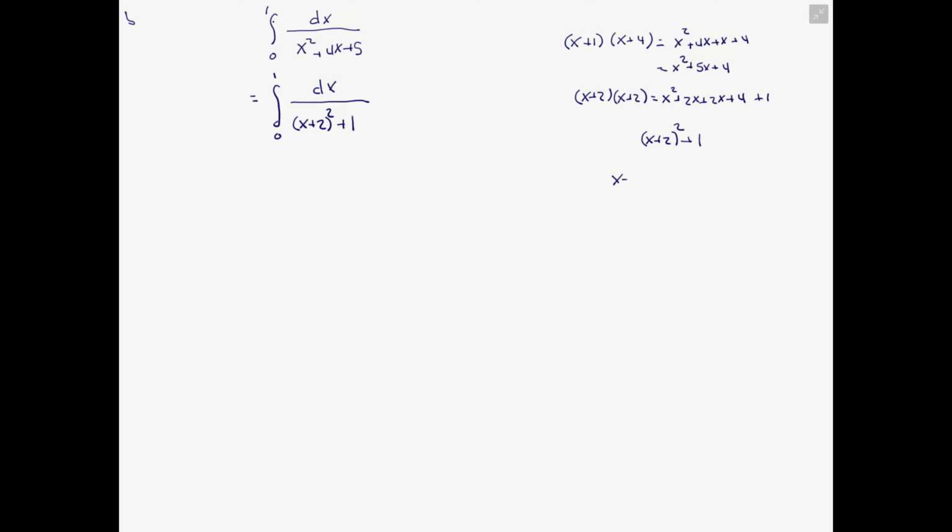Now, that looks like a trig substitution to me, so let's try x plus 2 equals tangent theta. dx equals secant squared theta d theta, and we have the integral from 0 to 1 of secant squared theta d theta over tangent squared theta plus 1.